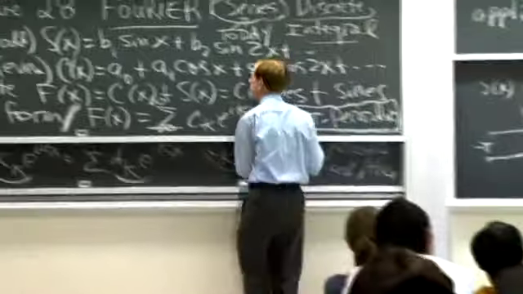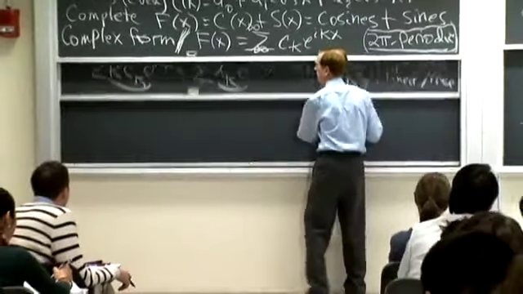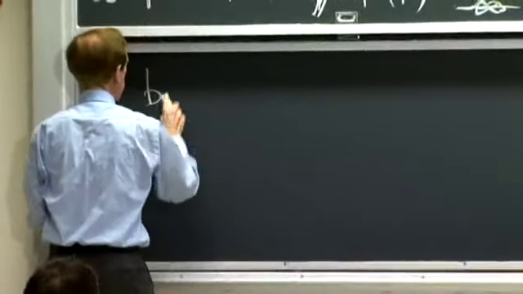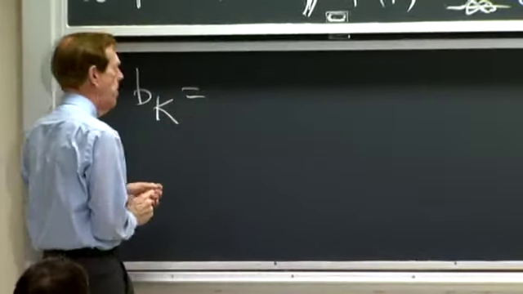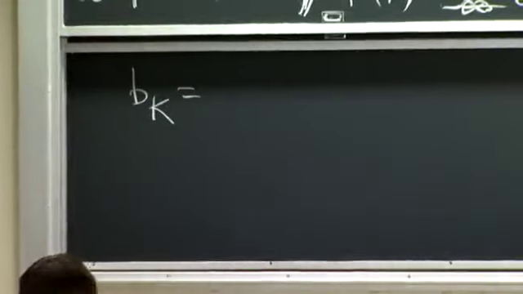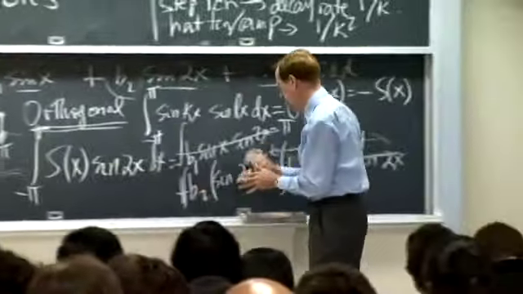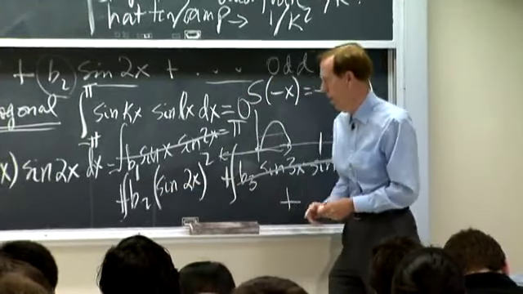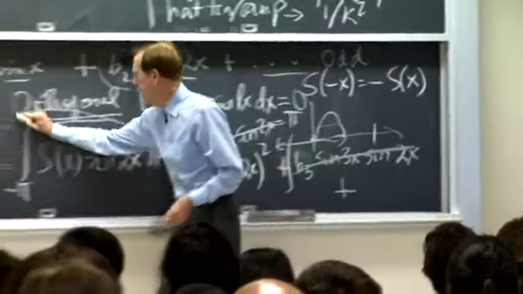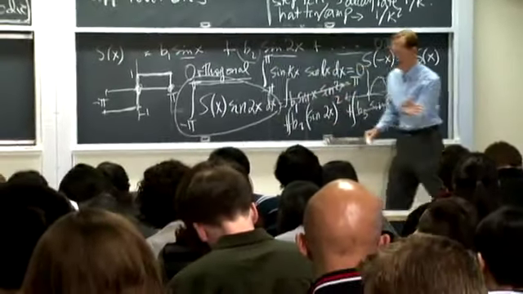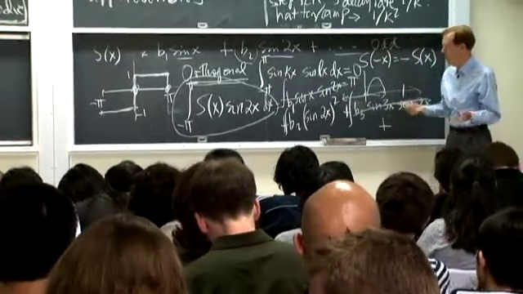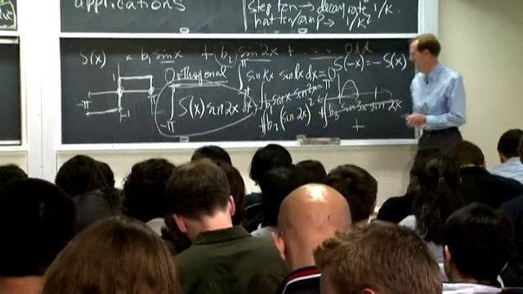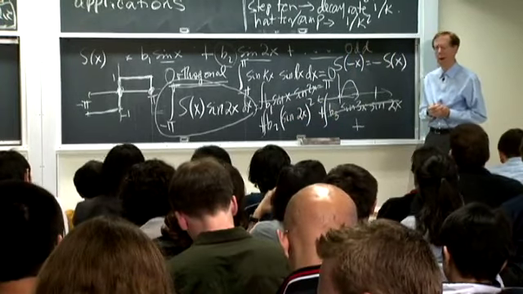Let me just put these formulas down. So Bk, B2 or Bk, tell me the formula for Bk. Let me go back here. What did B2 come out to be? So I have B2, that's a number. It's got this right-hand side, that's the integral that you'd have to compute. And then what about this sine of 2x squared?